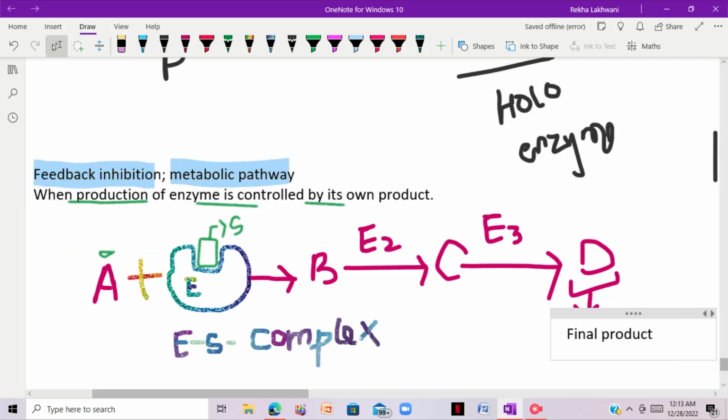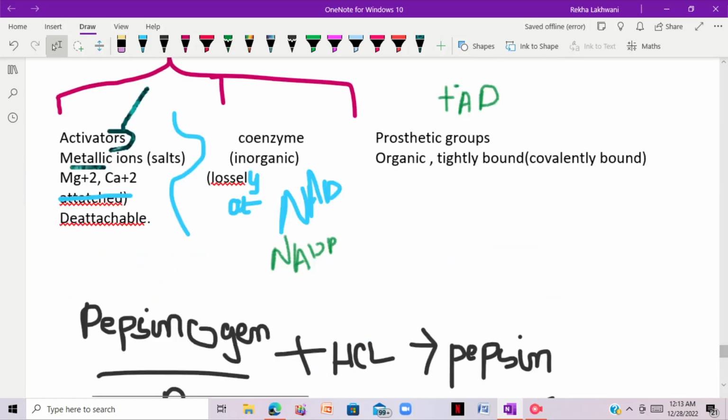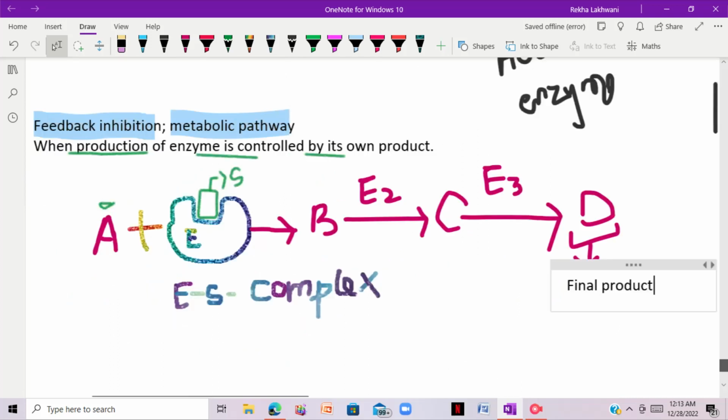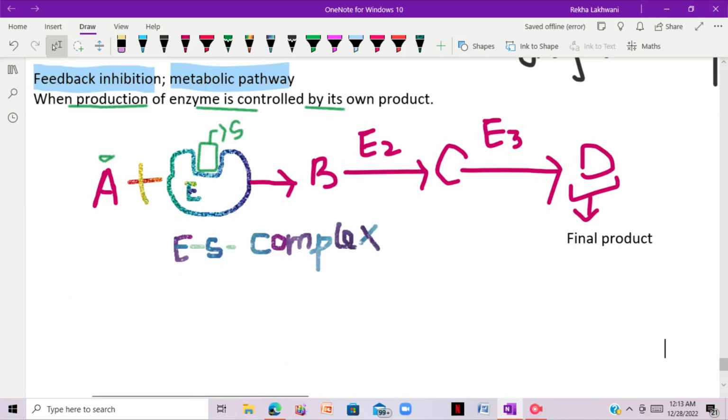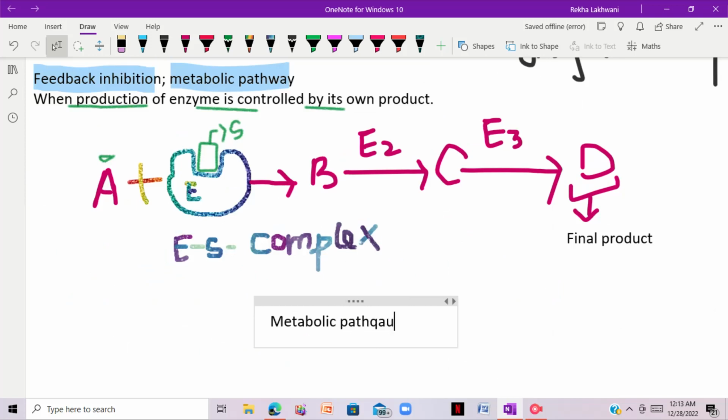But what happens sometimes is that the concentration of the product we wished for has increased. There is a lot of concentration of the product. Now what will happen, this product will come over here and join, like the concentration of the product has been increased now, right? What we wished, it has been done.